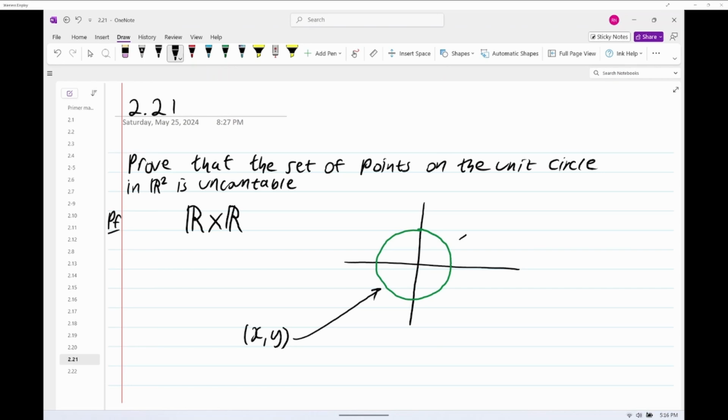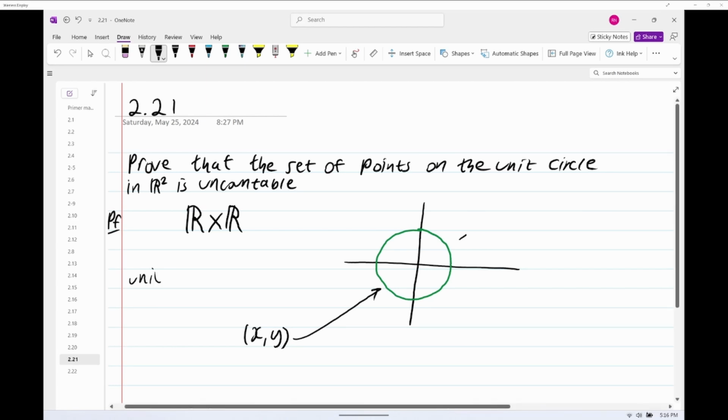These are subsets. This is a subset of R cross R. Where does it say that? How am I to know this?